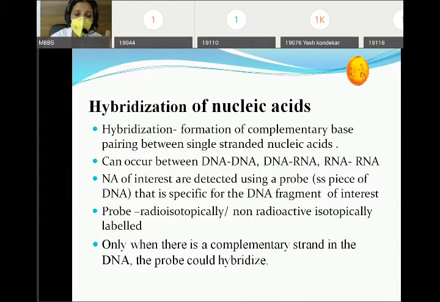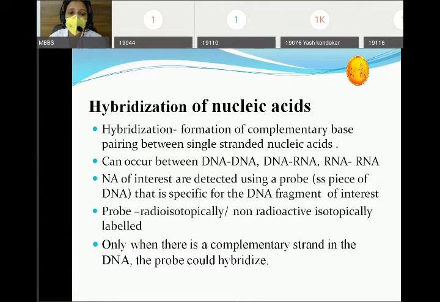Then the important applications, whatever applications I have told you, you have to write down. After that, you have to mention the various advanced techniques of PCR. RT-PCR you must mention in your short note. Without RT-PCR, your short note or your answer will not be complete.